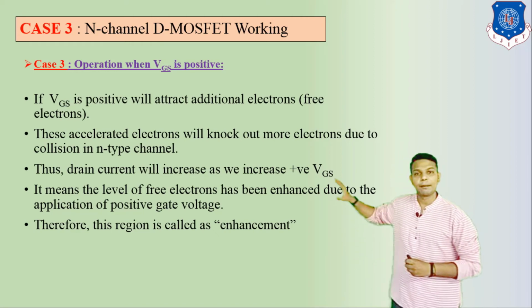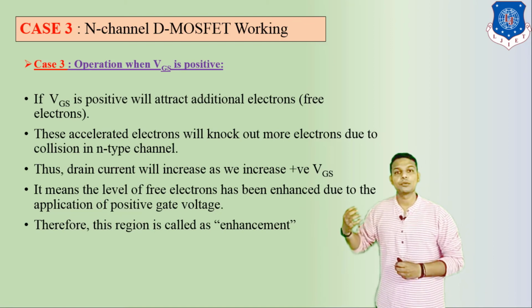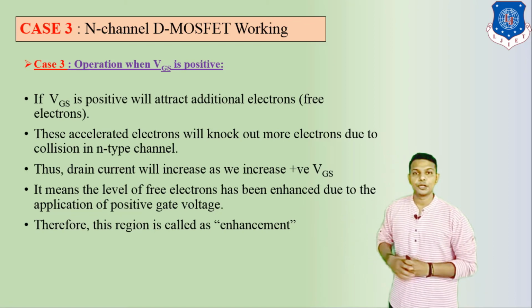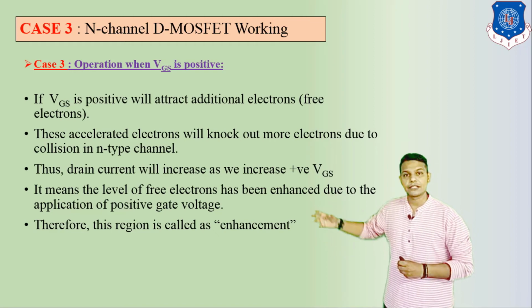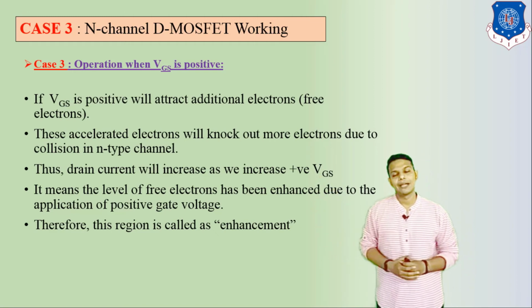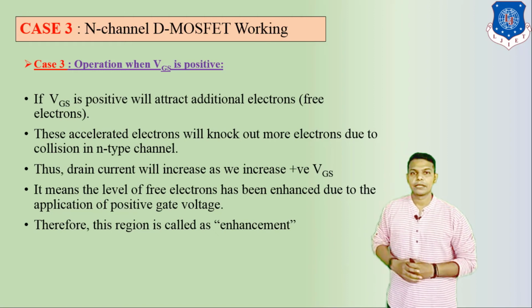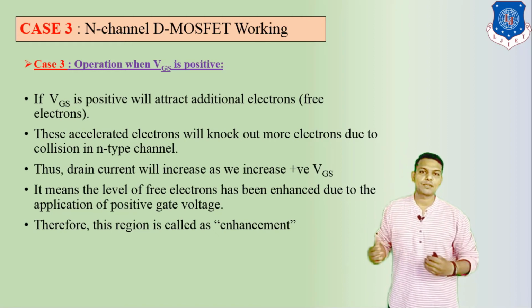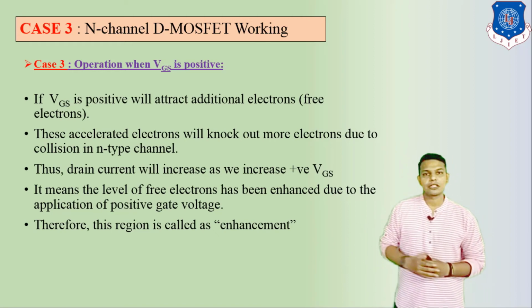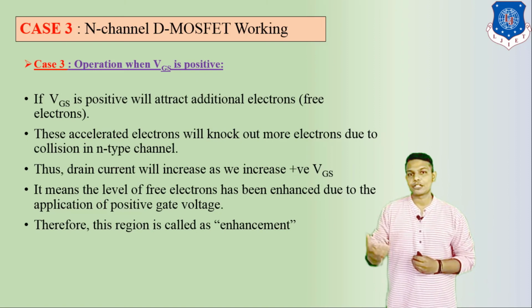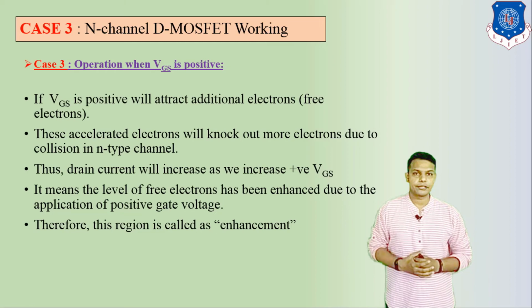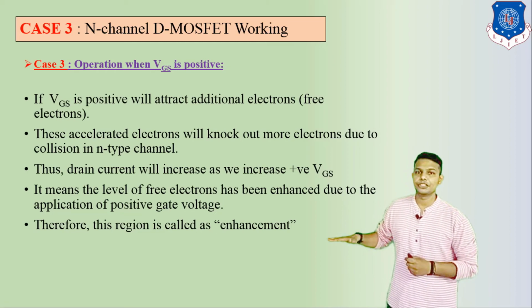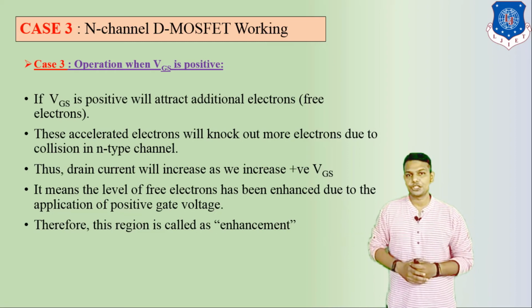That's why the number of electrons increases, and the flow of current also increases. That's why it is known as enhancement, because the flow of electrons towards the drain is increased. So this region is known as the enhancement region.